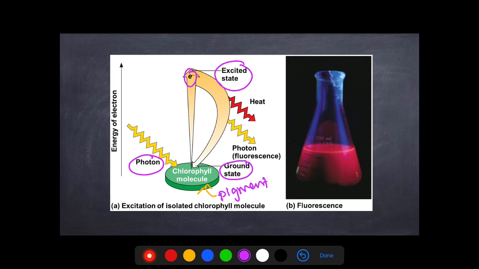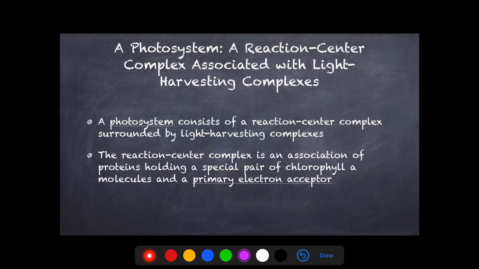It hits the pigment, which excites an electron, shooting it from the ground state all the way to the excited state. As the electron falls back down, it's going to release some heat, and it can also release some fluorescence. And this is what you will see in fluorescence, almost like a glow.